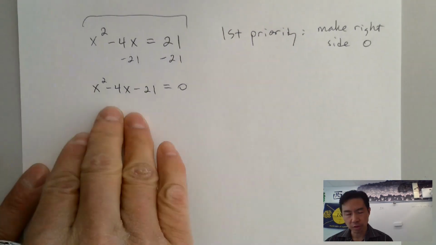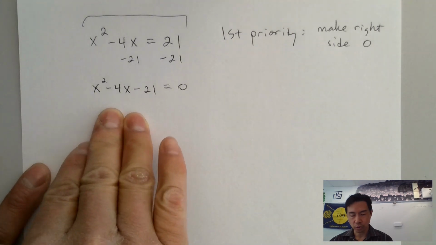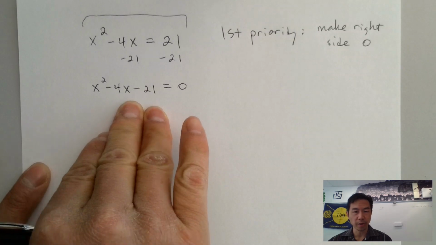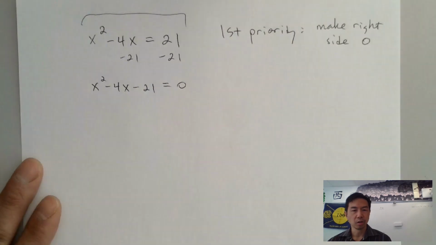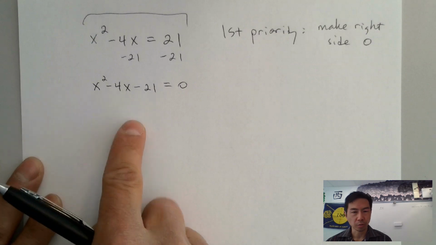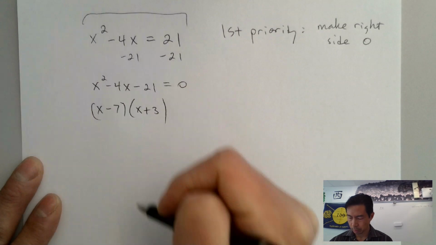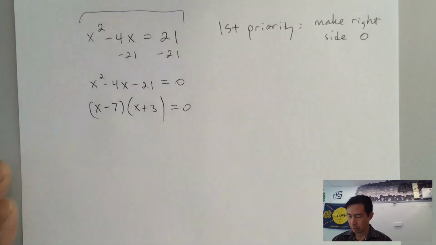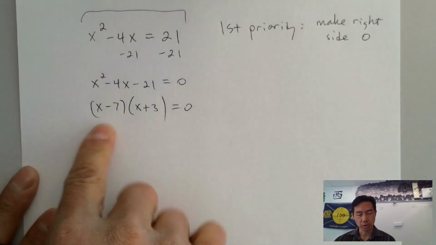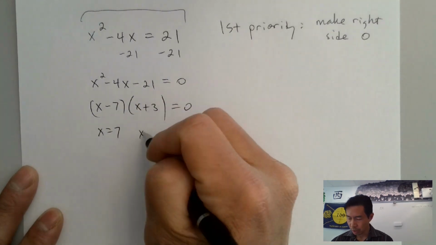Now, if this is a solvable equation by factoring, then this polynomial should be factorable, and it is. The winners are -7 and +3. Okay, if x minus 7 is 0, x is 7. If x plus 3 is 0, x is -3.